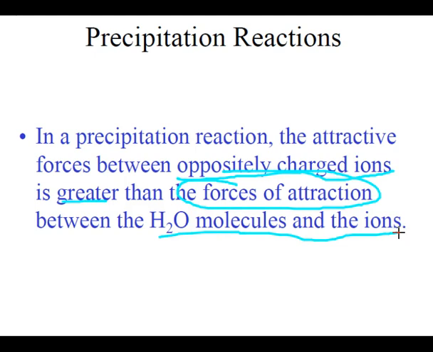So two oppositely charged ions find each other in the water, and their attraction to each other is greater than the attraction between them and the water, so they stick together and form a solid. We said earlier that ionic compounds in water break apart and the water surrounds the ions, and that is true unless those ions are more attracted to each other than to the water, and then they'll find each other and make a solid.